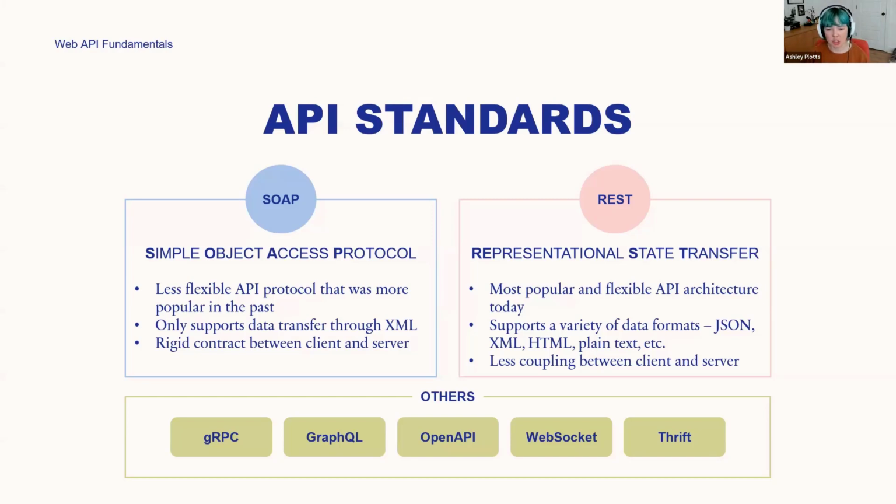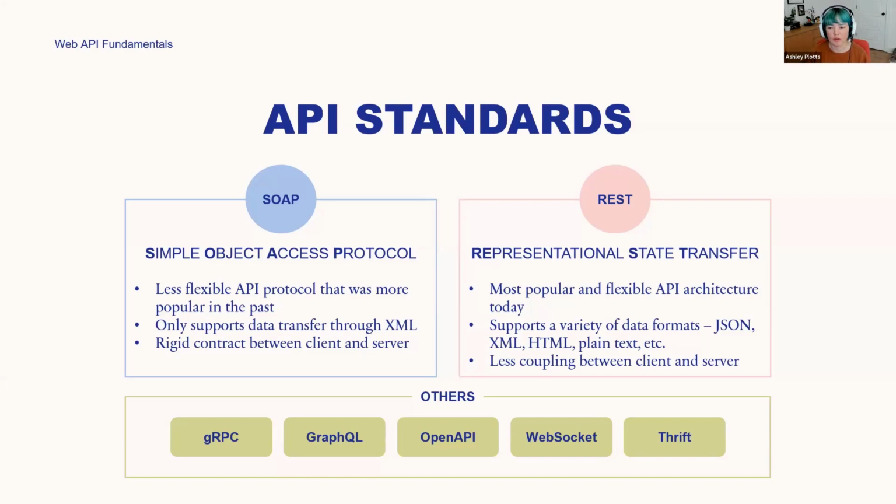There is a good analogy out there comparing the two. It's that SOAP is a letter and REST is a postcard. So to send a letter, you have to find an envelope. You have to fold up the letter. You have to seal the envelope. And then the recipient has to unseal the envelope to read the letter. Whereas with a postcard, you just write it and send it.